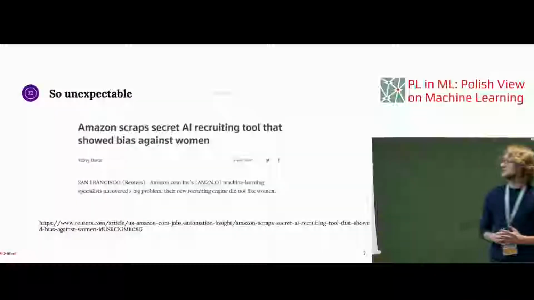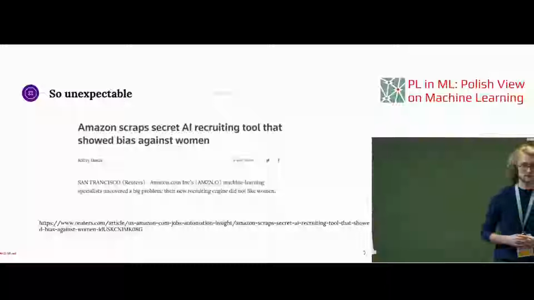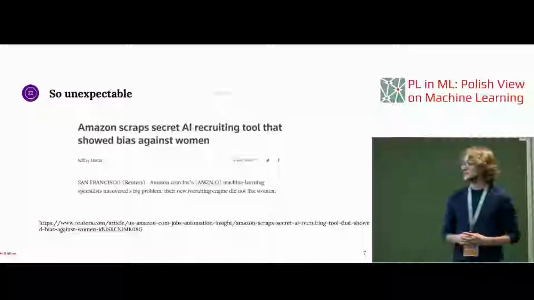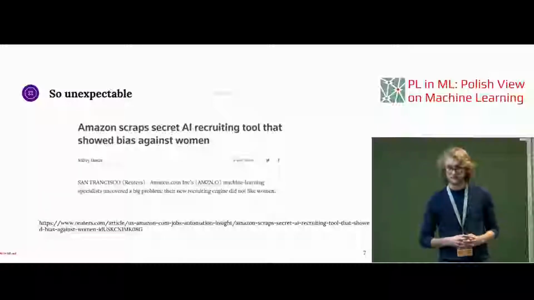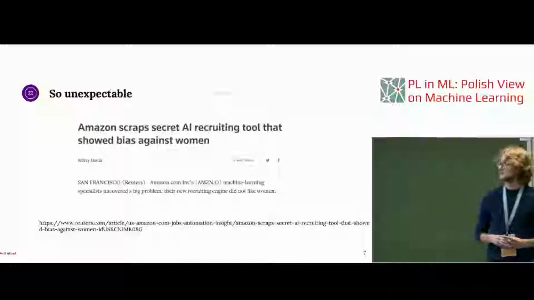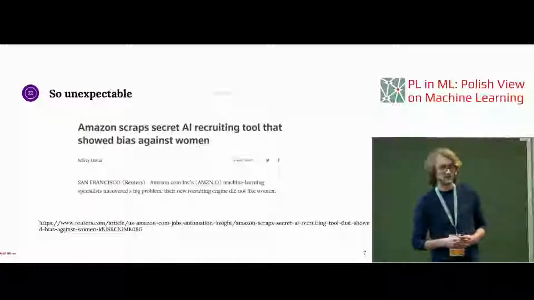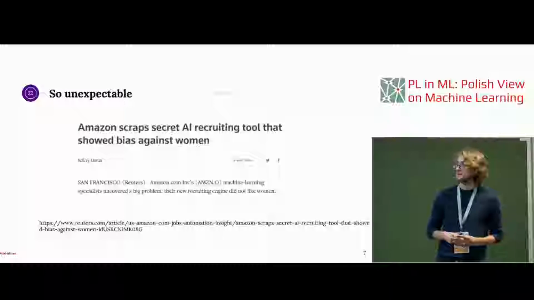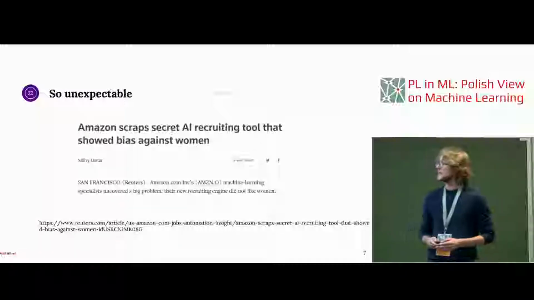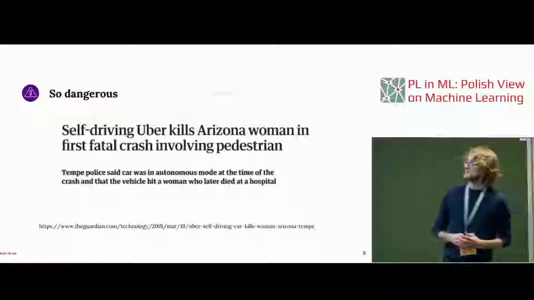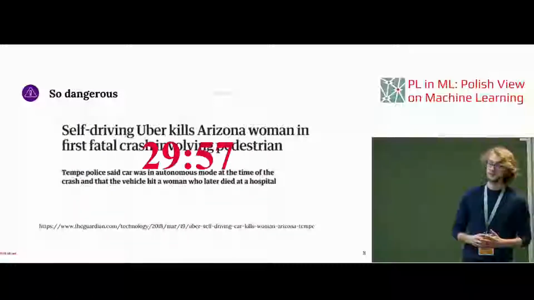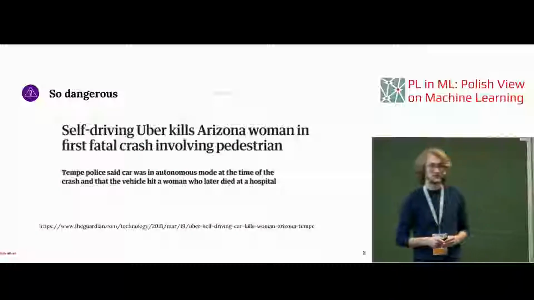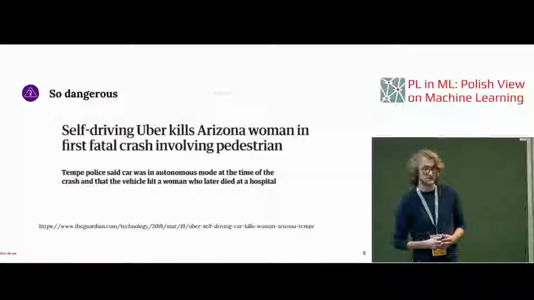As I told you, it can also be unexpected. The usage of machine learning can cause some issues. For example, there was a popular case when Amazon used machine learning for automatic recruitment, and it showed significant bias between men and women. Also, it can be dangerous because we know cases when, for example, a self-driving car of Uber killed a woman at the beginning of this year.